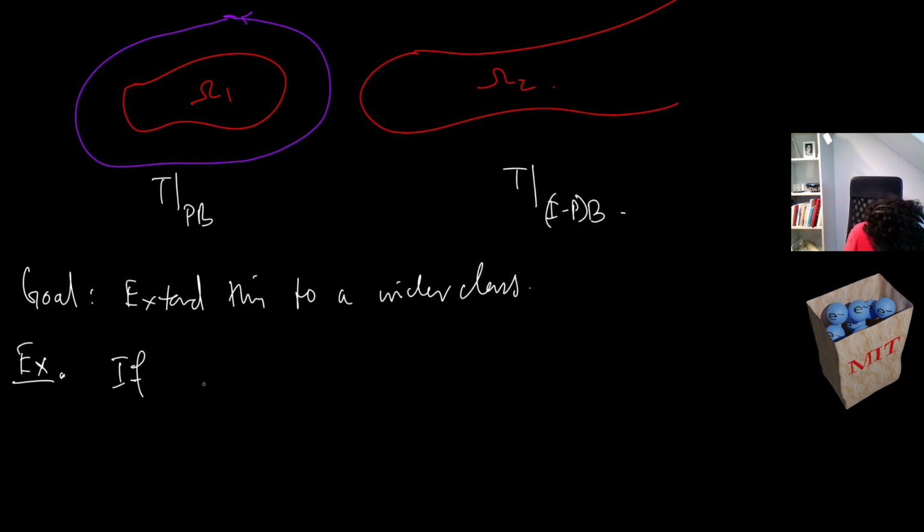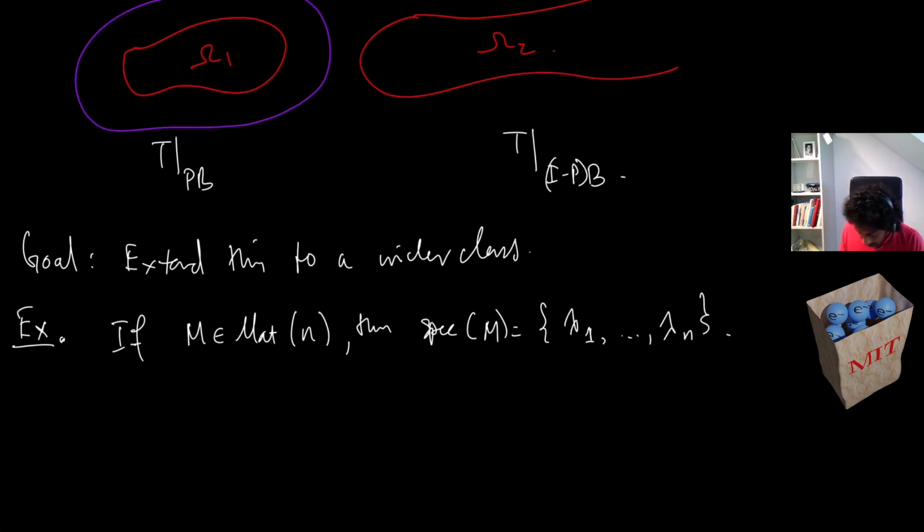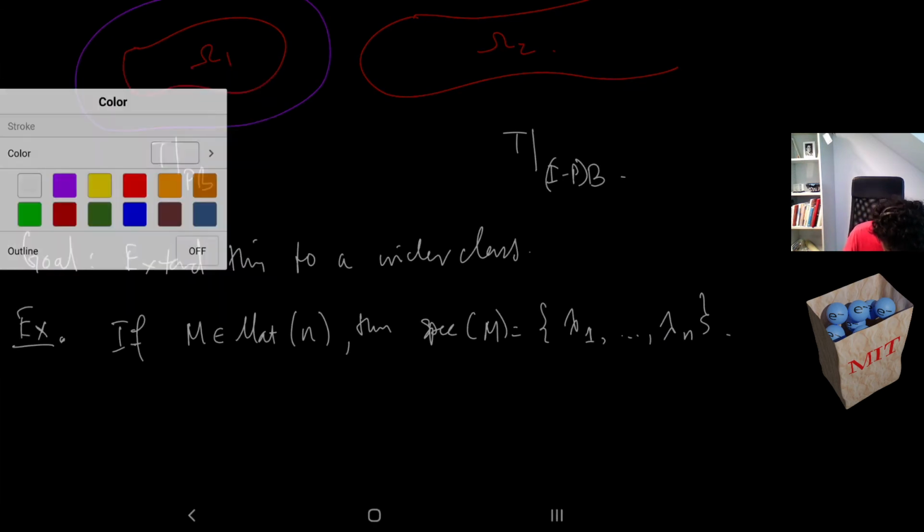If M is again an n by n matrix, then the spectrum of M we've seen before is going to be some finite number of points, lambda 1 to lambda n say, and each of these we can draw a contour around them, right? So each of them we can draw a contour.